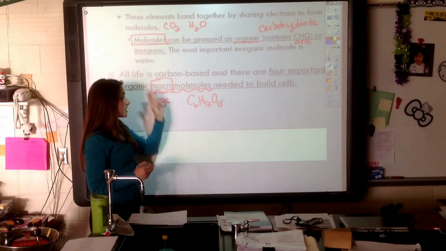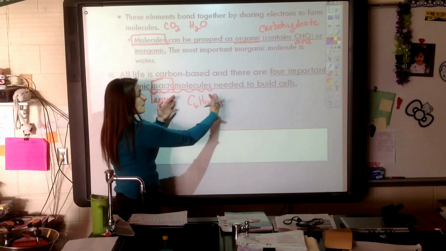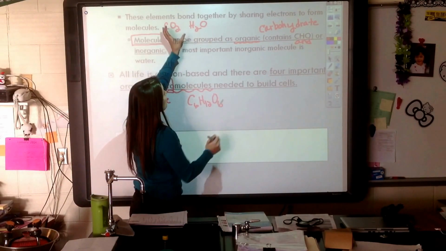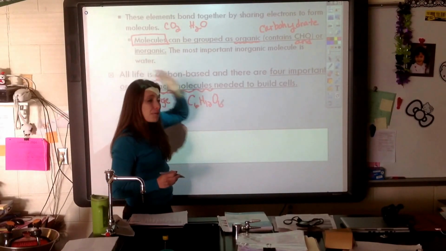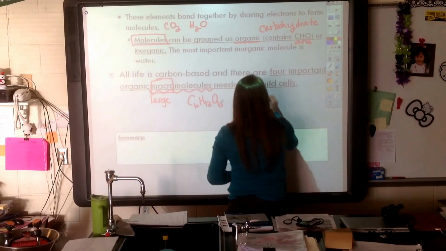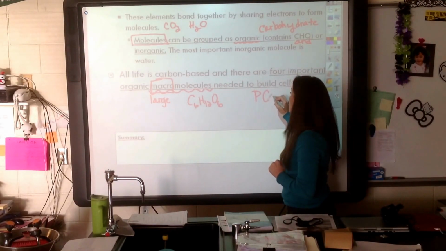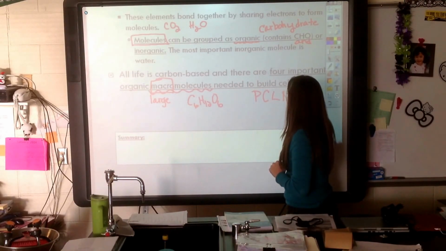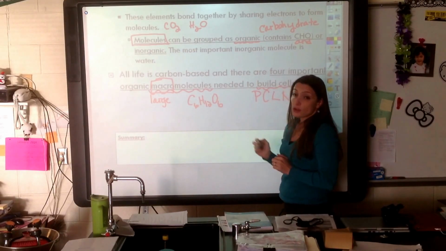Just 3 atoms here. Here there's 24 atoms. So this is a much bigger molecule than these small molecules. And so we're going to talk about 4 really big molecules: proteins, carbs, lipids, and nucleic acids, and how we build cells out of those 4 things.